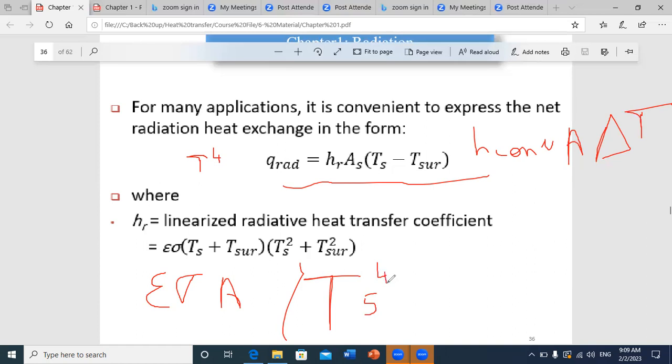Instead of dealing with a fourth-order term, let me decompose this and try to linearize it.